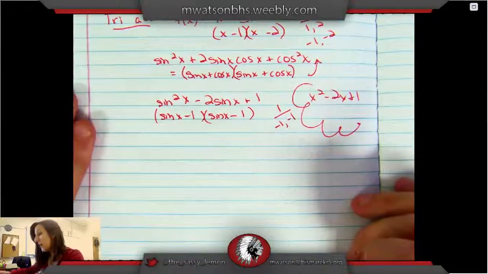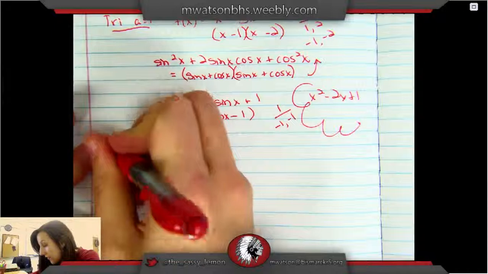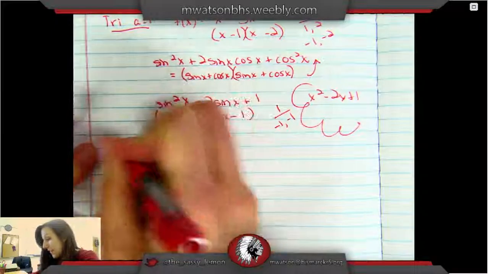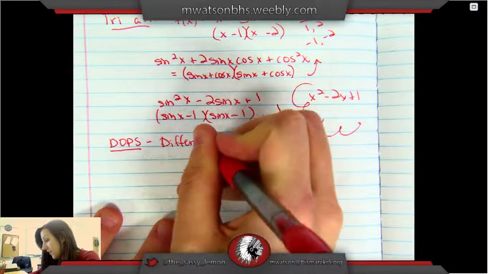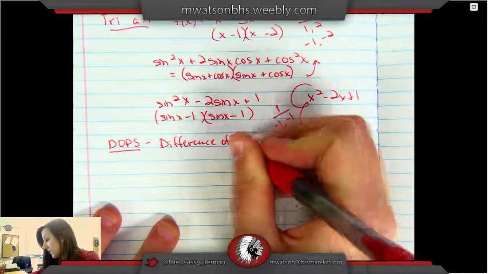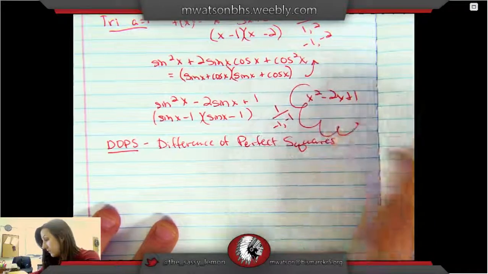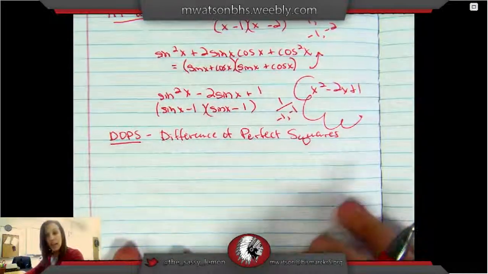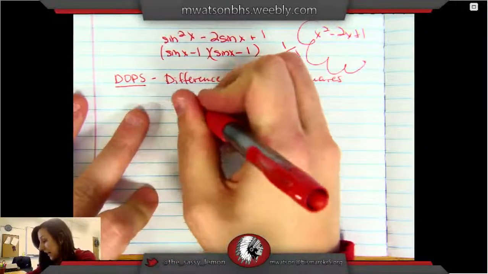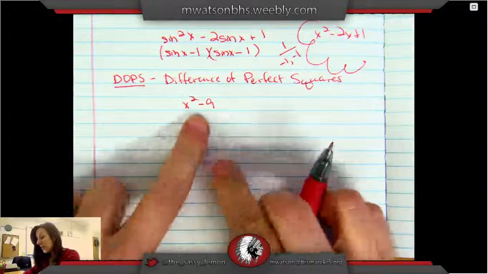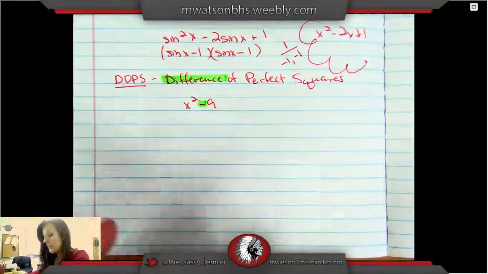Another thing that comes up a lot is DOPS. DOPS that we learned last year is a difference of perfect squares. And an example of this would be x squared minus 9. You can see that it's a difference because there's subtraction.